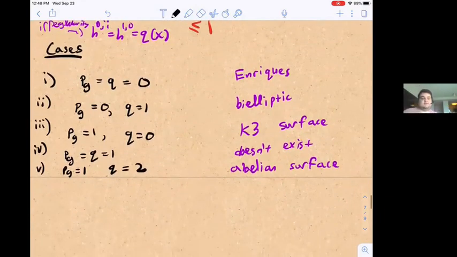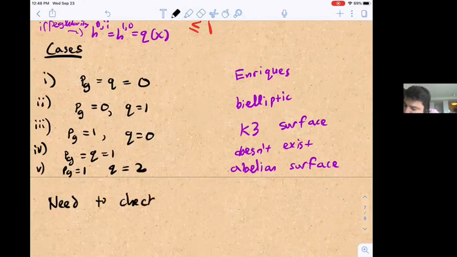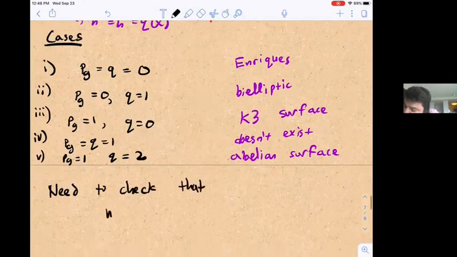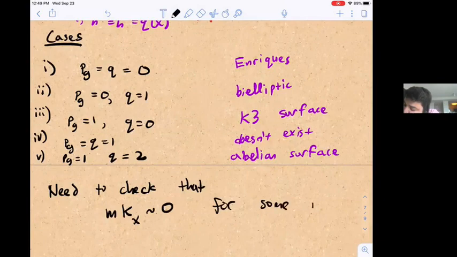So abundance is equivalent to the statement that m times K_X is pulled back from a point, but that means that m times K_X is just a trivial bundle, or the trivial divisor. So essentially we need to check that m times K_X is linearly equivalent to 0 for some m greater than 0. That's equivalent to abundance in Kodaira dimension 0.